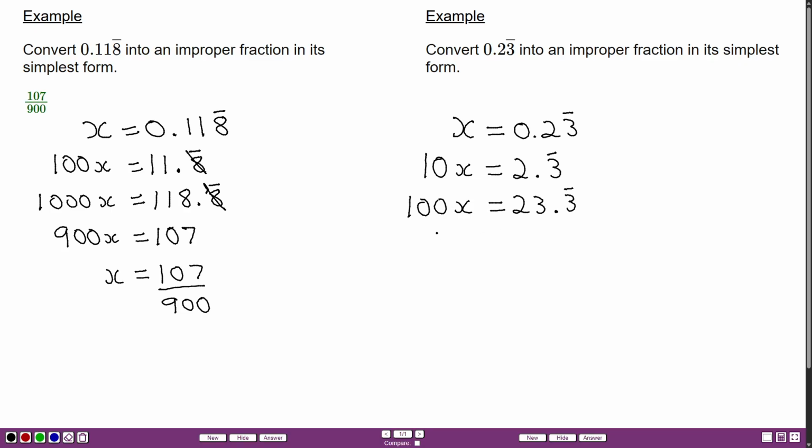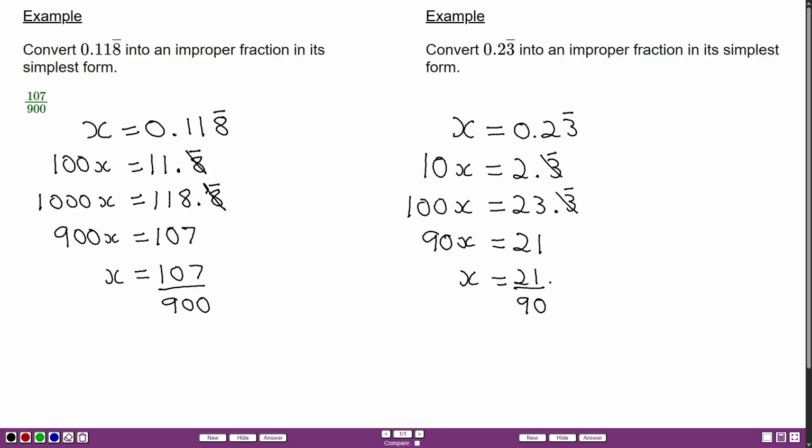So 100x minus 10x is going to give me 90x, and 23.3 recurring minus 2.3 recurring, well, that bit's going to get cancelled out. So 23 minus 2 is just going to give me 21. And now finally divide through by 90, so x is going to equal 21 over 90.